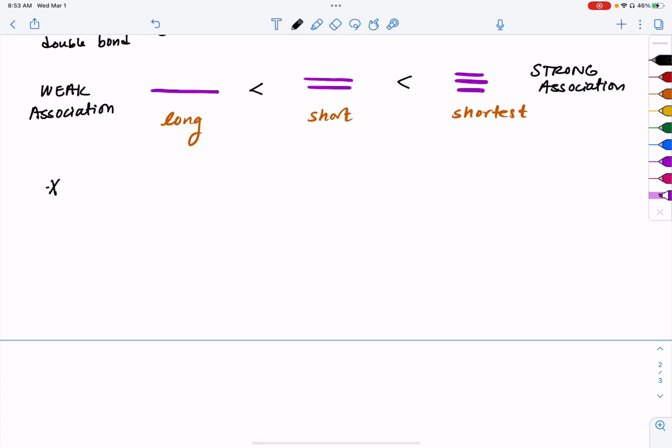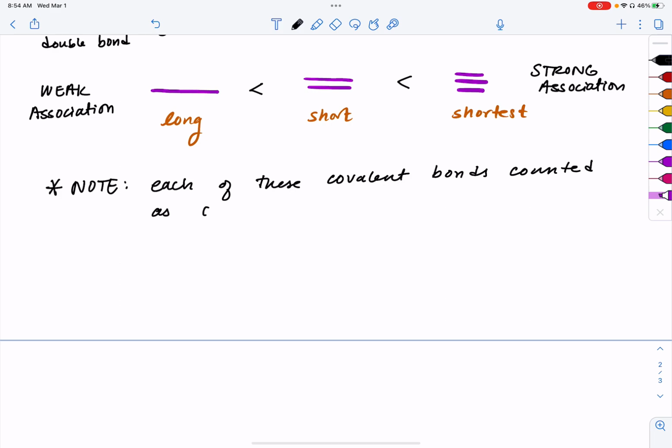Now, last thing that I'll say about this before we start putting this all into practice and making our Lewis dot structures is that each of these covalent bonds is counted or treated as one bond.